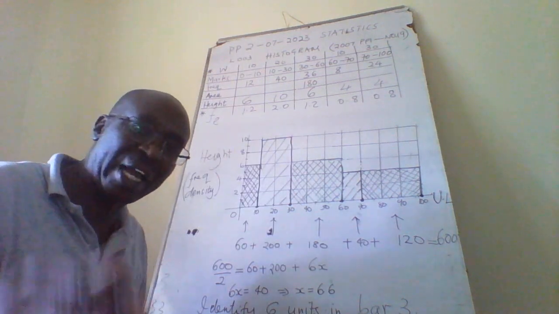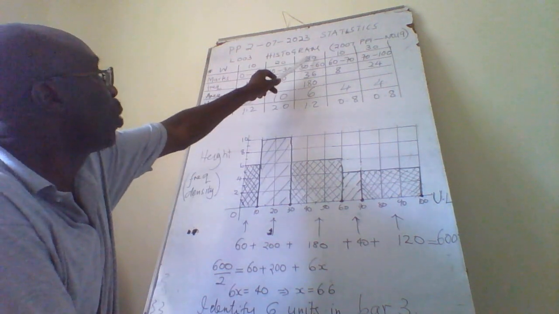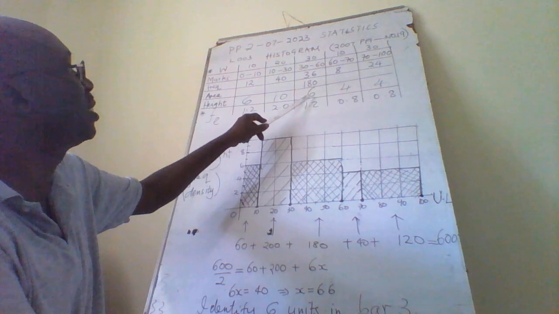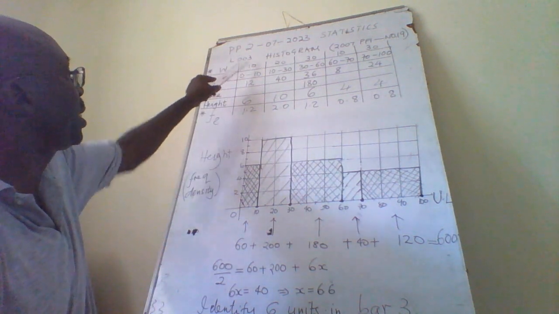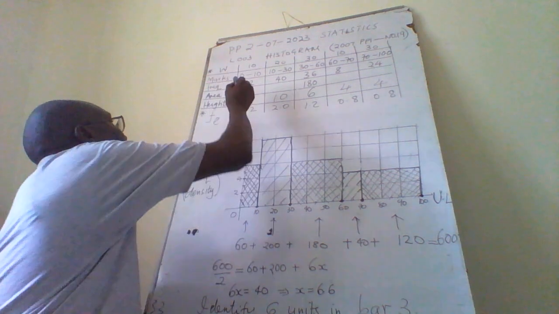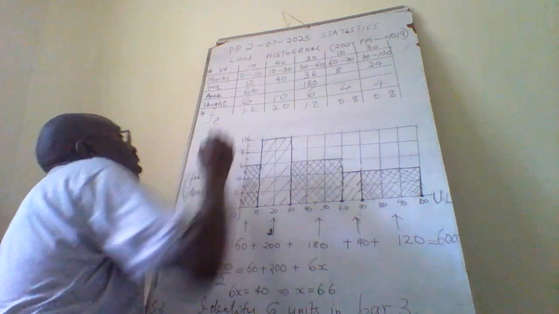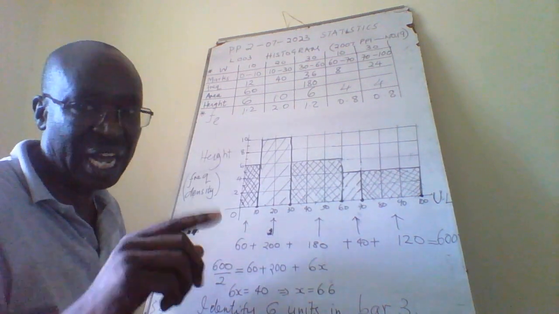Area is height times width. So we were given an example here. Width 30 by height 6 gives us 180. So we take width 10 by height, it will give us 60. So we have 60 here. Okay? Remember, area is height times width.